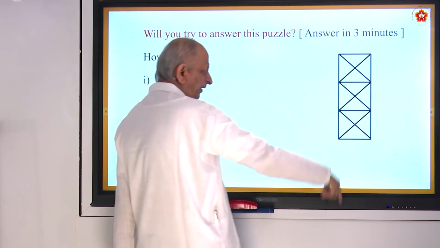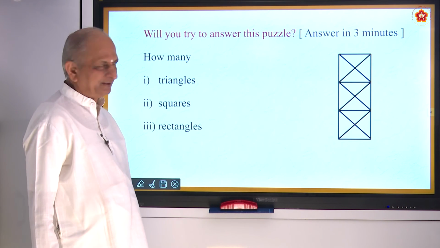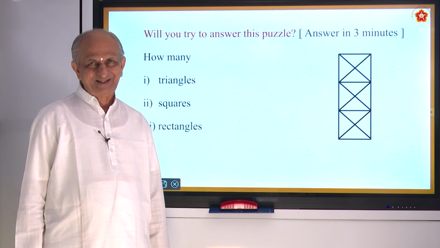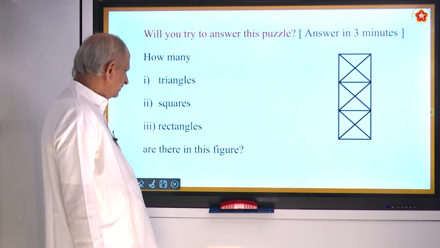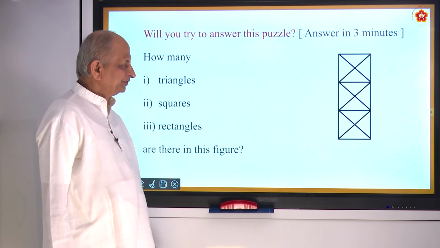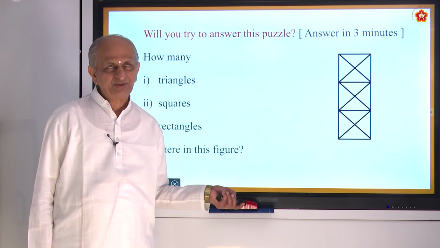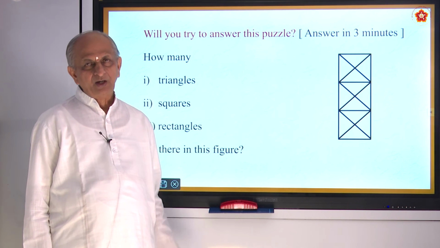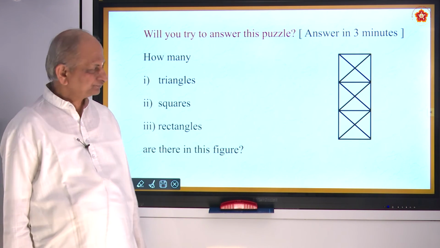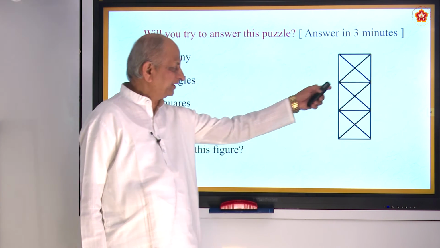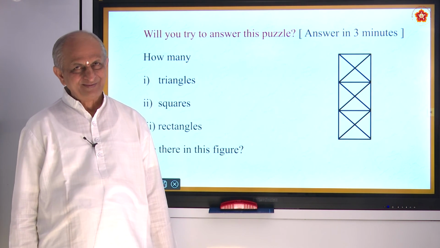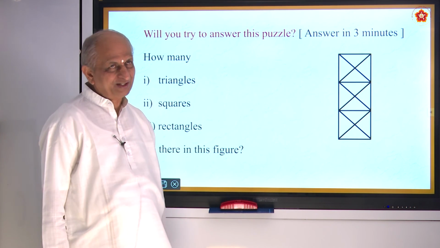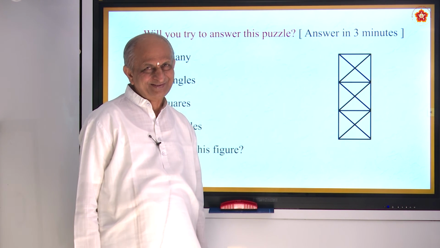Next class we will solve it. This is one question that is usually asked in NTSE and other competitive exams. Sometimes they extend this figure also. It looks very simple, but when you work it out, you will understand how deep it is.